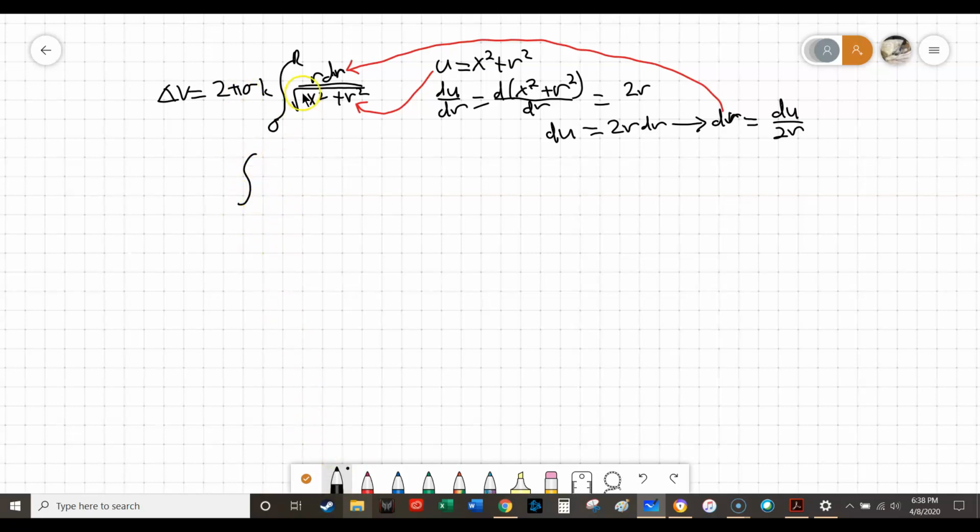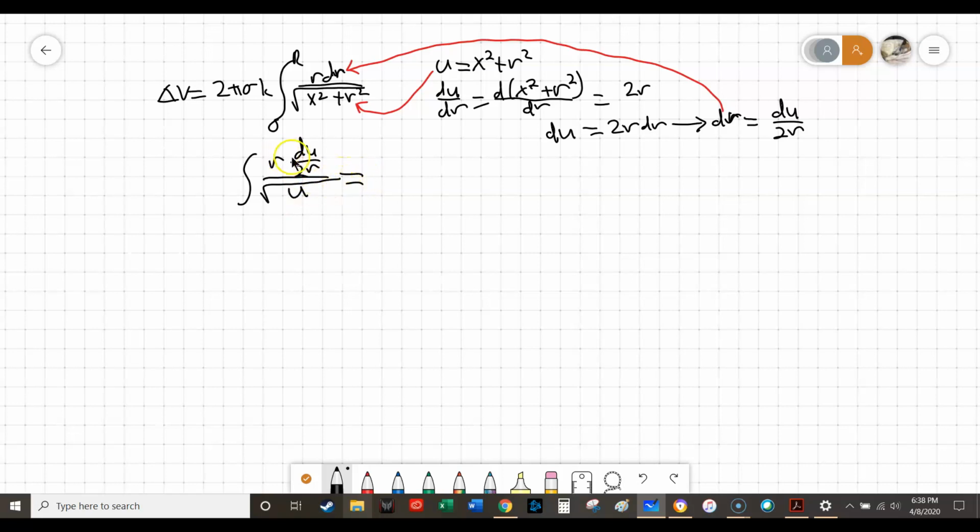So what we're doing is we're substituting in our u's. So we got r, and dr is du over 2r, I meant to say. And now we're going to substitute in u for our x squared plus r squared, and that is just u.